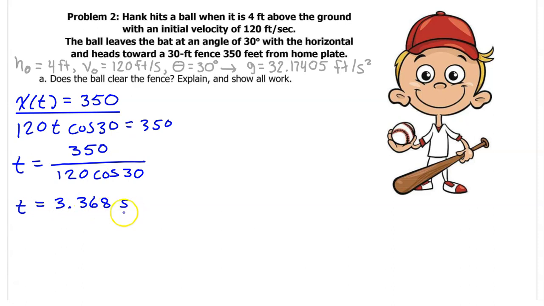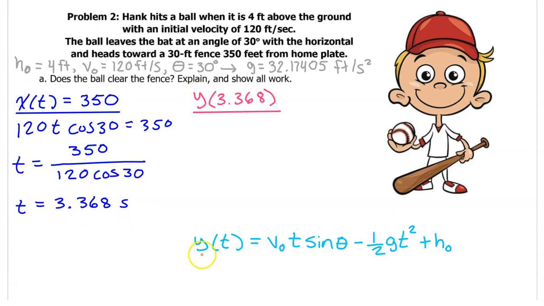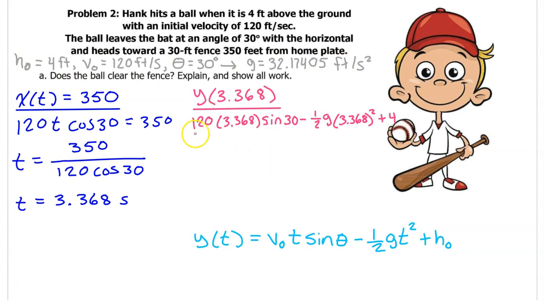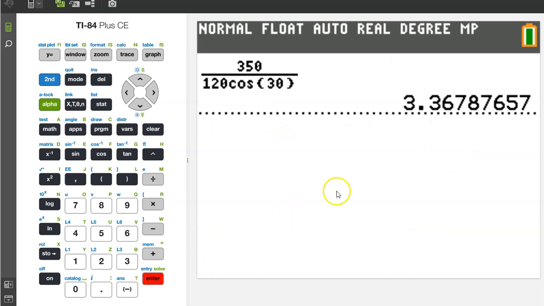Next, we need to find the vertical position y of t at this time. We know that the vertical position of the ball is given by this model. We just need to substitute in all of the initial conditions and t equals 3.368. So it looks like this. We just need to type this into the calculator. However, I don't want to type in 3.368. This is a rounded number, and I don't want to lose these decimals. So let's go back to the calculator and store this longer version into letter t.